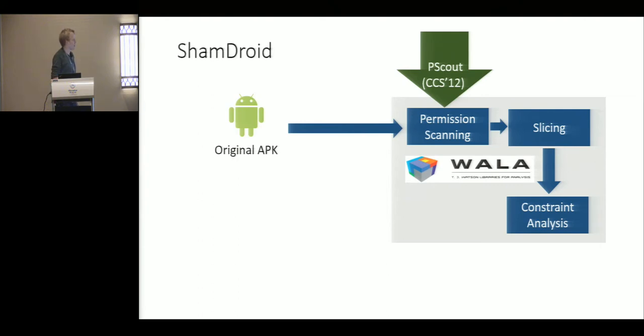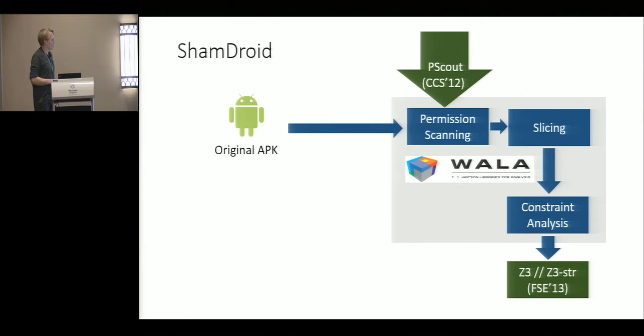We do the constraint analysis, and we pass the resulting constraints that I've shown you before to Z3 or an extension of Z3, actually, Z3-str, which was published at FSE '13, that gives us the ability to express string constraints, which is very important for this application, of course.